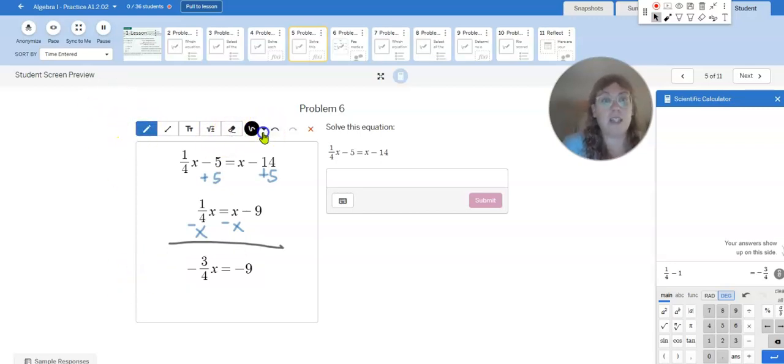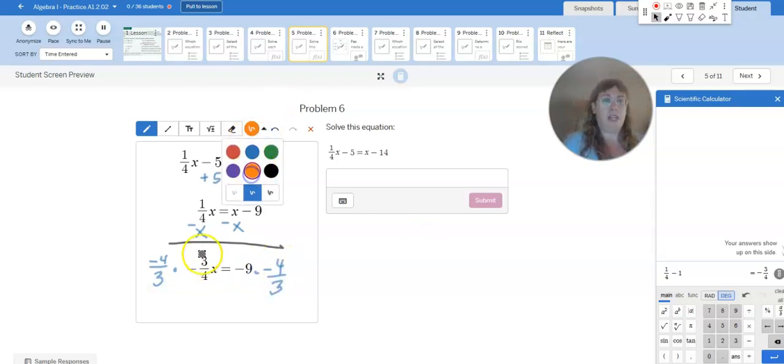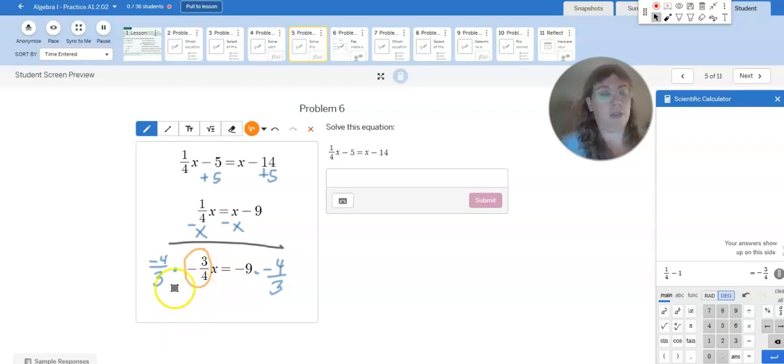And when we have a fraction like this, we multiply by the reciprocal. So I'm just going to multiply both sides by negative 4/3. Right? I just took this fraction and flipped the numbers. So it became negative 4/3. Negative 4 and 4 cancel. Negative 3 and 3 cancel.